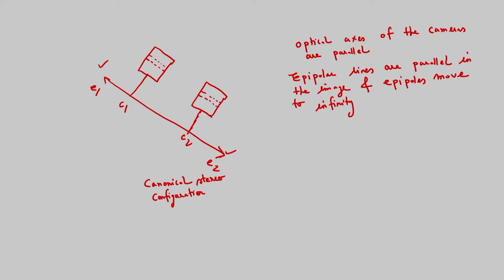In this case the computation is simpler. I can convert the general camera configuration that already I have defined into the canonical camera configuration.